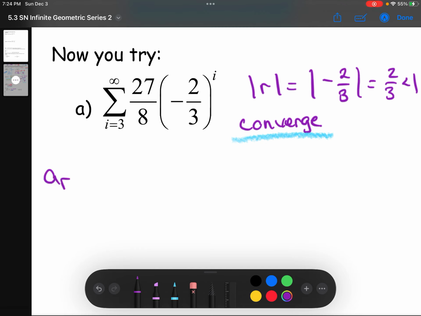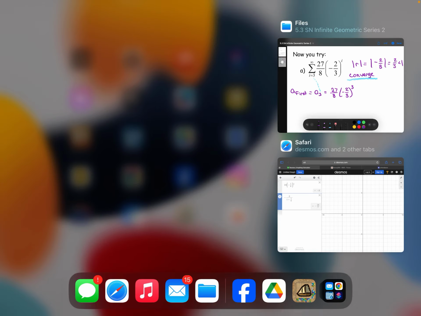So to find its sum, we need A first. A first here is a sub 3. Again, watching that number on the bottom. So plug in 3 in place of i and work this out: 27/8 times negative 2/3 to the power of 3.